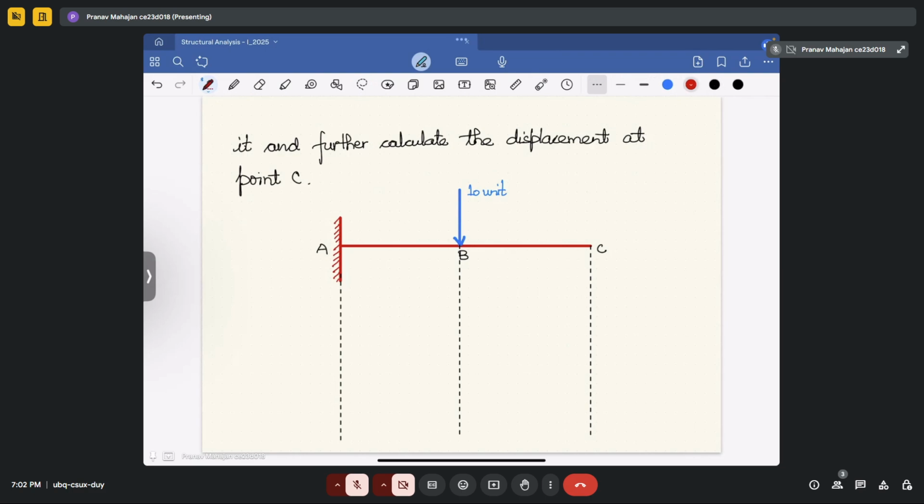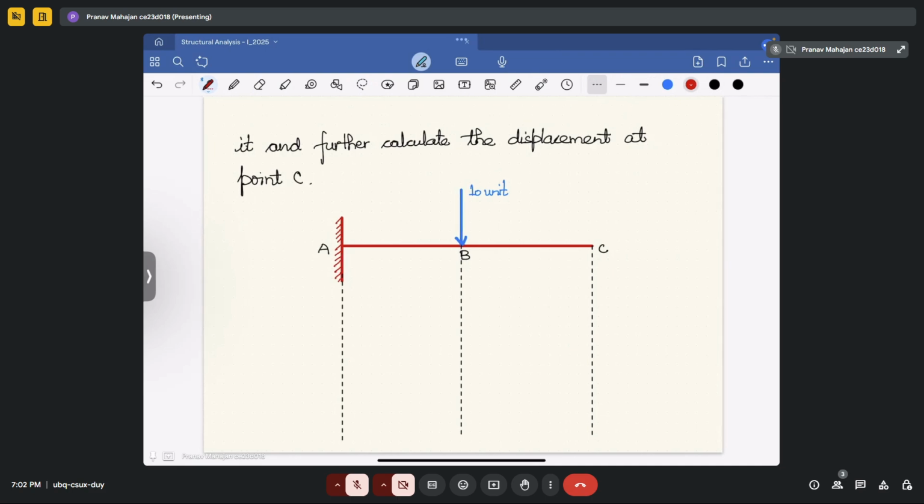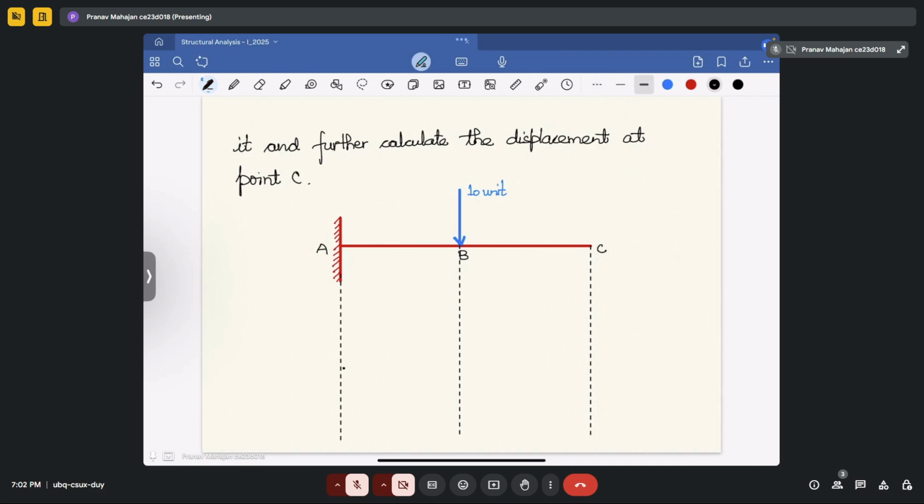So let me draw the conjugate beam here, then it will be easy for you to see that. In the conjugate beam, your free end will become the fixed end, and your fixed end will become the free end. So this end will now become fixed, and the bending moment diagram of the real beam will become the loading diagram of the conjugate beam.